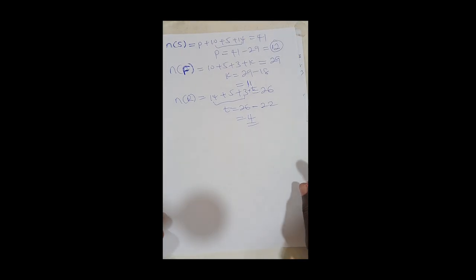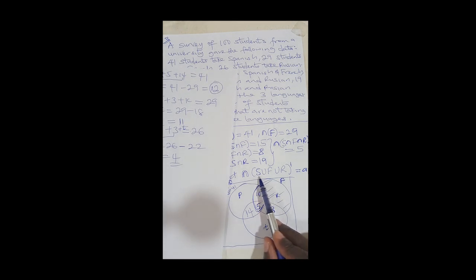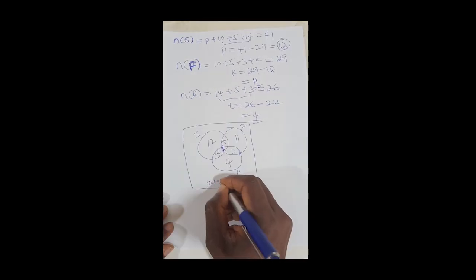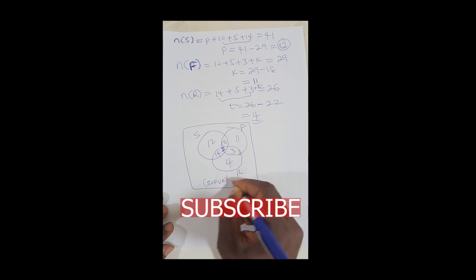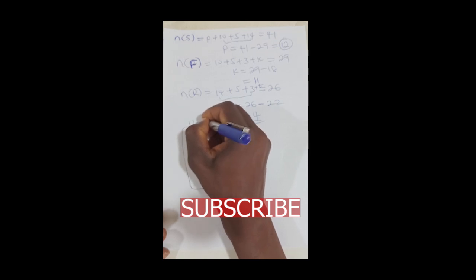Find the number of students among them that are not taking any of the 3 languages. To do that, we're giving it a notation: S union F union R, close the bracket, complement, which is A. So the total of the box is equal to 100.